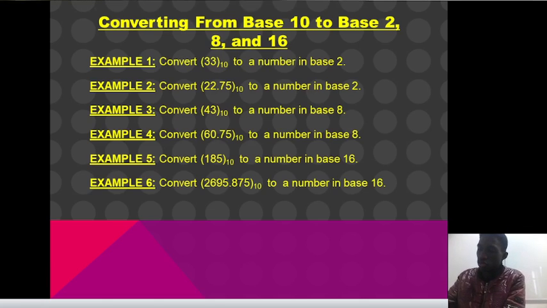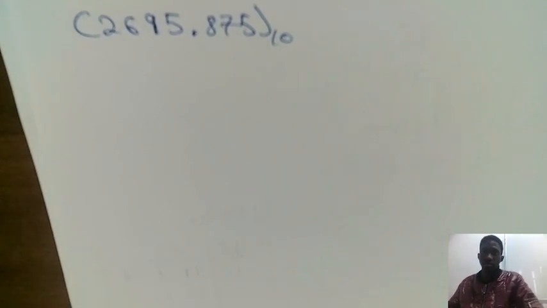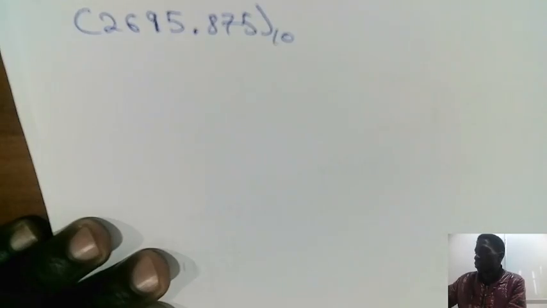So we've got 2,695.875 in base 10. Now we want to convert this to a number in base 16.